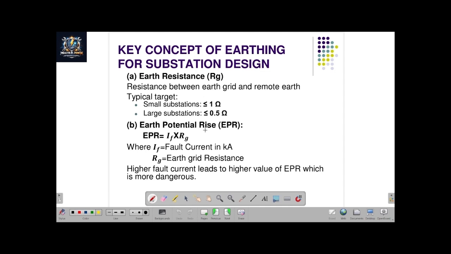The earth potential rise EPR is equal to IF into RG, where IF is the fault current in kiloampere and RG the earth grid resistance. If the fault current is higher, it leads to a higher value of EPR, which is more dangerous. So the EPR value should be minimum.